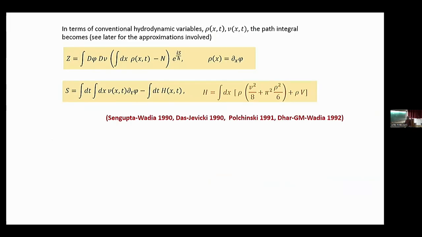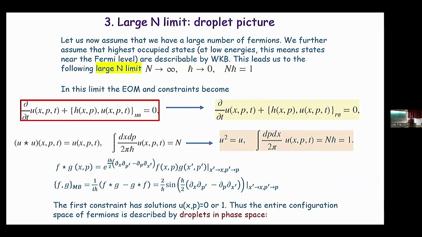I will say just a little bit maybe how the conventional hydrodynamics path integral comes from that path integral, and this is how it looks. And here's the Hamiltonian, which has appeared in many cases before. So in the large n limit, some droplet picture arises.